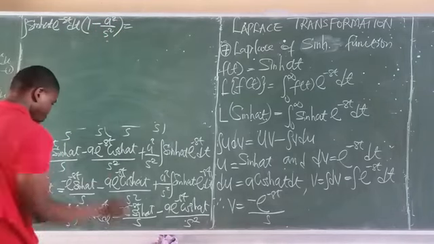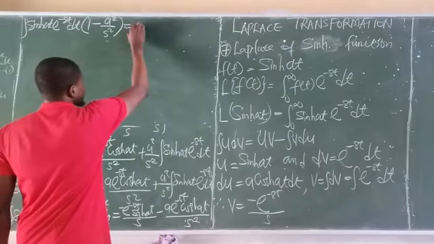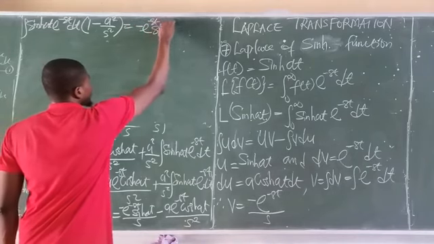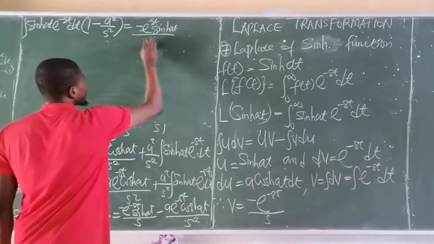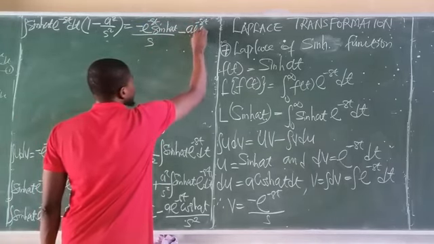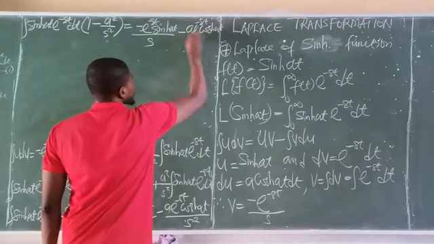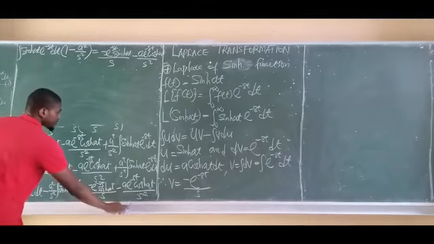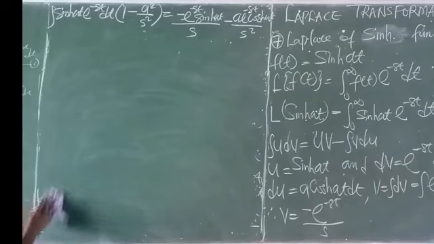And this is equal to this result, minus exponential minus st sine at all over s, minus a exponential minus st cos at all over s all squared. So we simply have this.